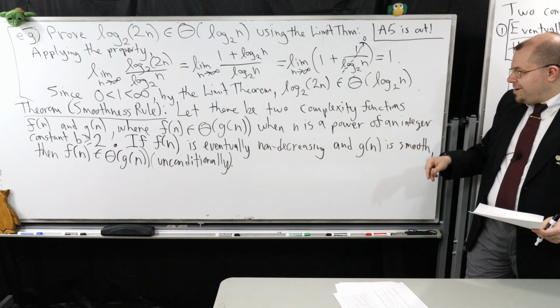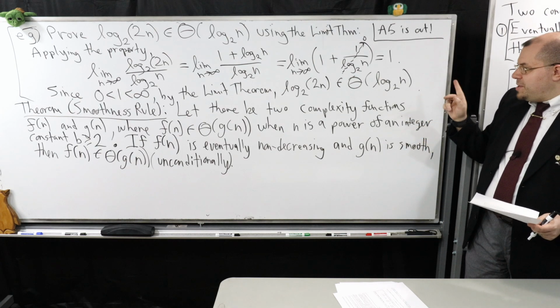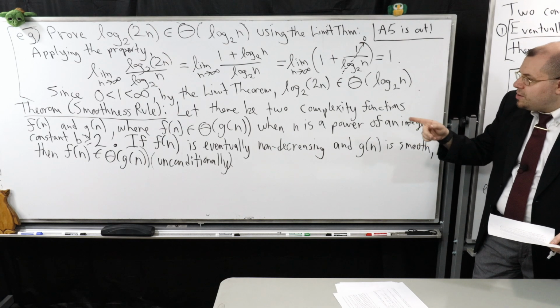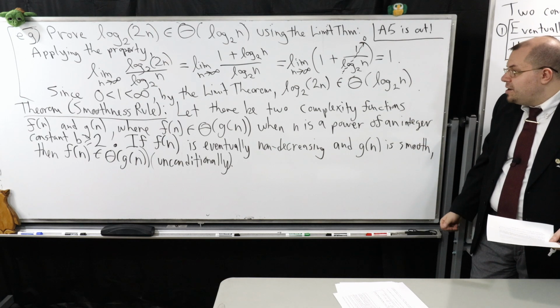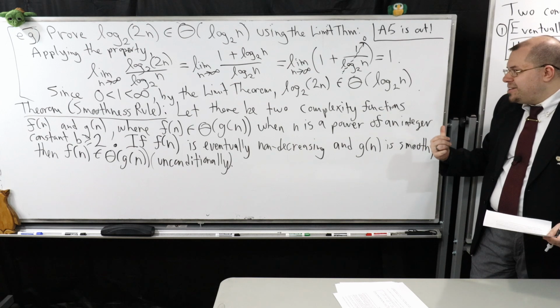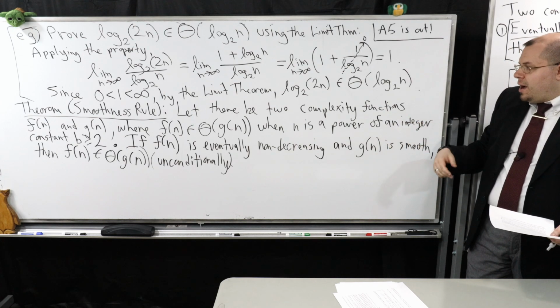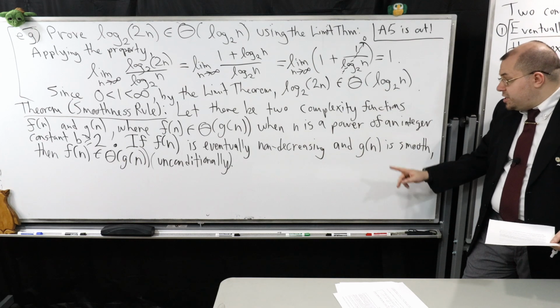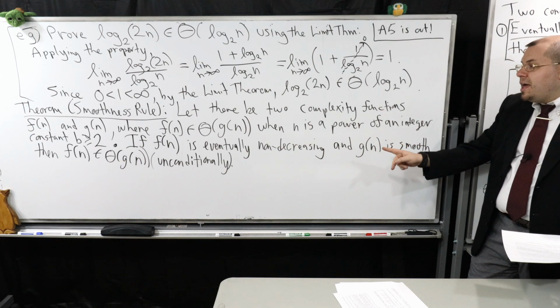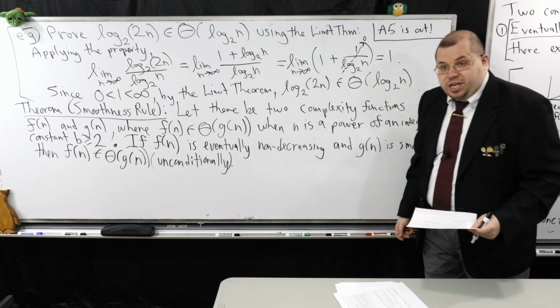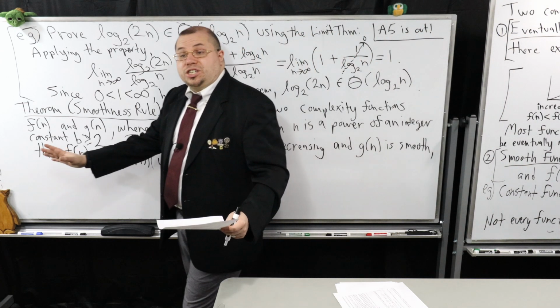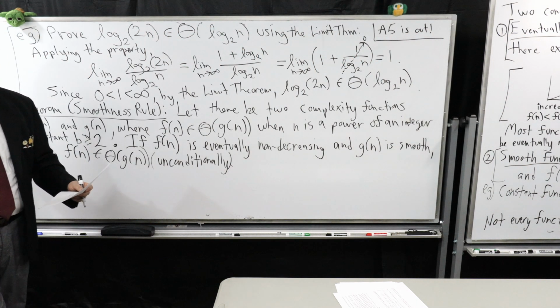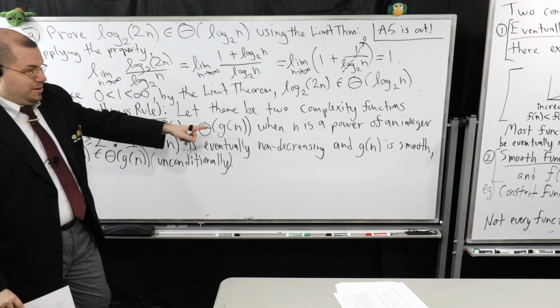Let me just reiterate this. Let there be two complexity functions f and g, where f is big theta of g when n is a power of an integer constant b, so I'm making this presumption. And I say if f is eventually non-decreasing and g is smooth, then f is big theta of g unconditionally. That means regardless of the assumption I made here.